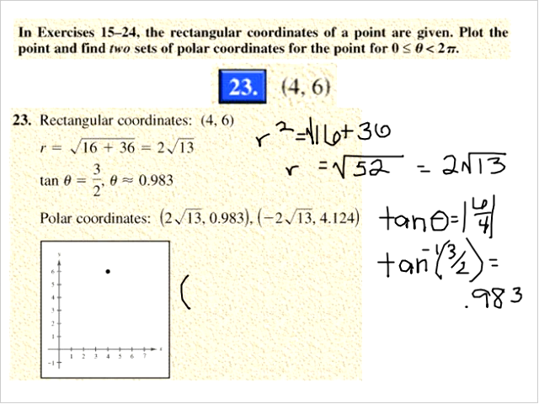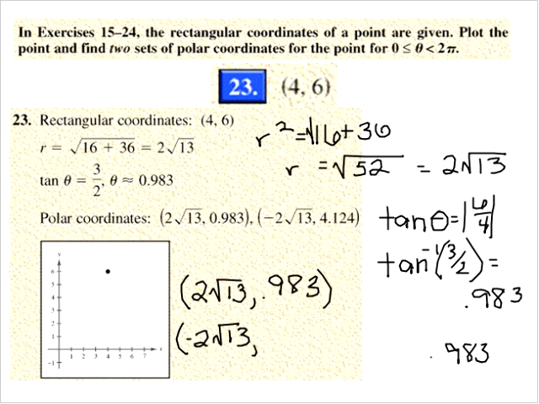So we can have r, which is 2 square root 13, and then theta, 0.983. And then for the next one, remember we take the opposite r, and then we add pi to theta. So we'd have 0.983 plus 3.14, and that gives us 4.124. Okay, see, I'm not going crazy.